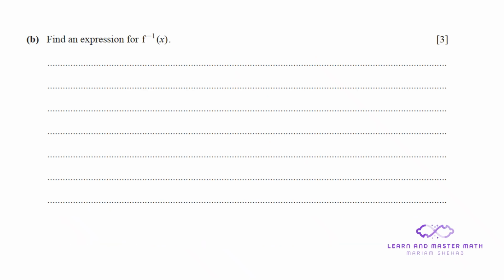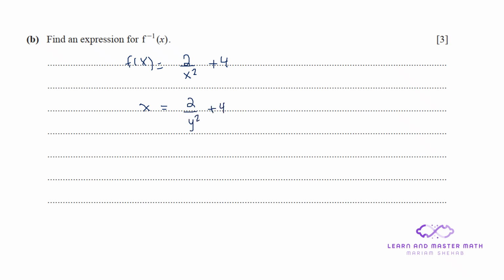In part B, we have to find the expression of f inverse of x. So let's go back to f of x. f of x was 2 over x squared plus 4. First, I'm going to switch x and y. So this will be x equal to 2 over y squared plus 4.